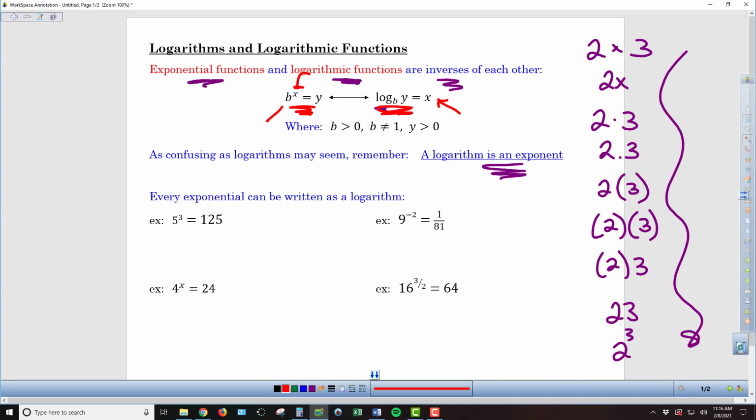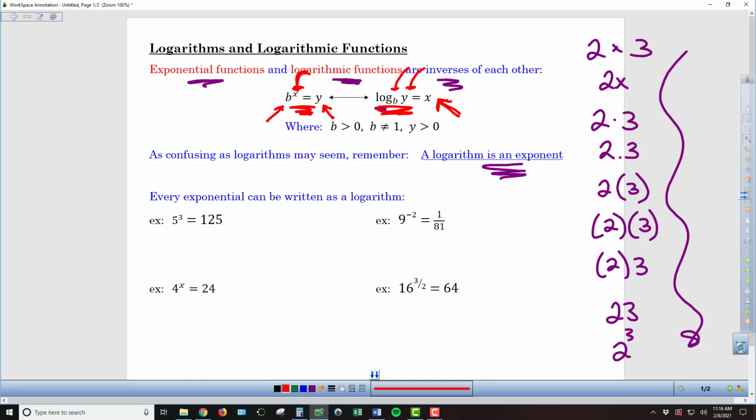So the base b of my exponential becomes the base b in my logarithm. The answer, or the output of my exponential y, becomes the input into my logarithm. Here we're getting that inverse idea of inputs and outputs flip-flopping. And then finally, my exponent, my input into the exponential, becomes the output, or what my logarithm equals, in a logarithm.